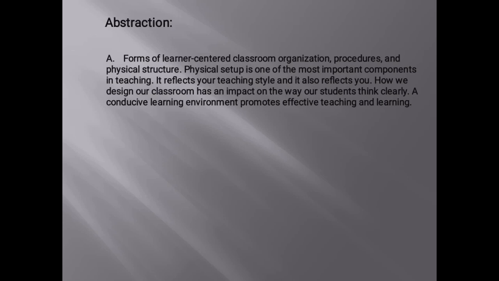Here there are 4 forms of learner-centered classrooms. First is the room structuring. Second is the classroom's routines and procedures. Third is the social environment. And lastly, creating a motivating learning environment.